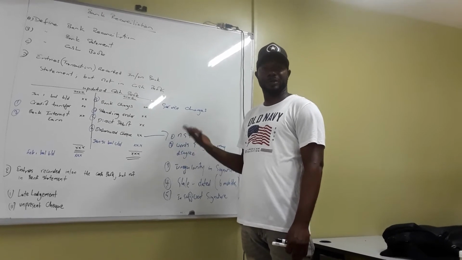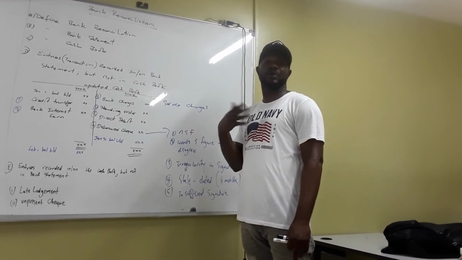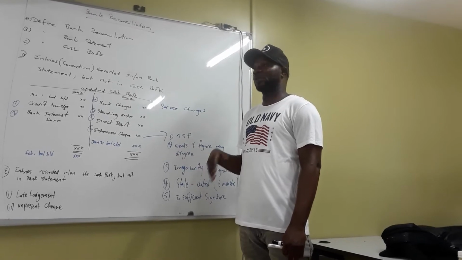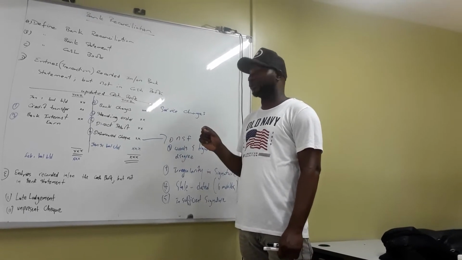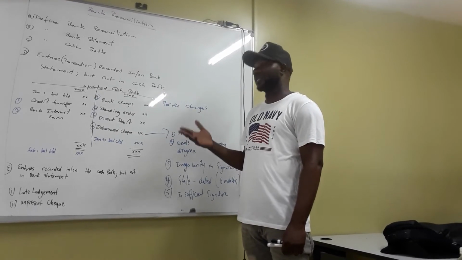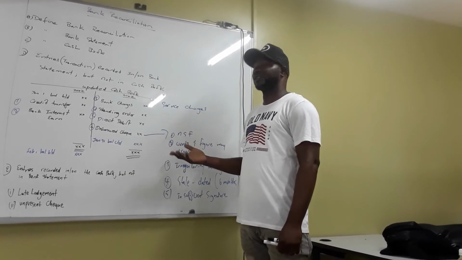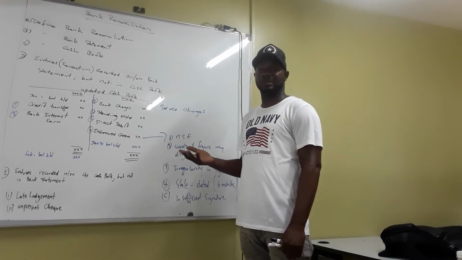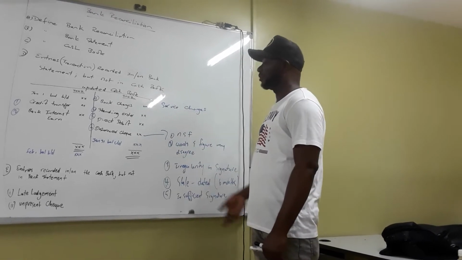The bank will not honor it because 2 persons are required to sign on their account. So if only 1 person has signed and that check is sent to the bank, the bank will not honor it. So that would make the check dishonored. So there are several reasons why a check may have been dishonored, and these are some of the reasons here.